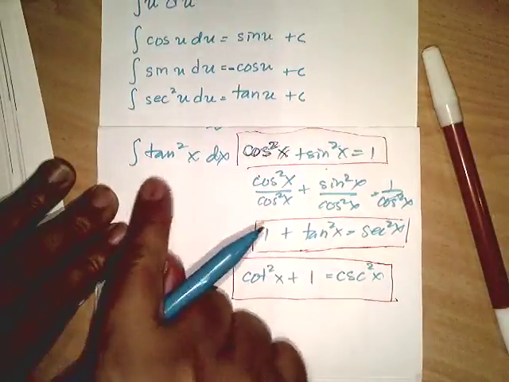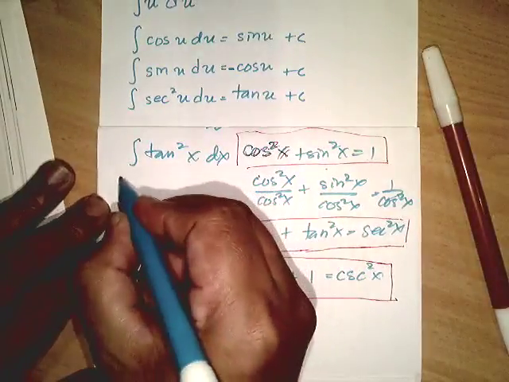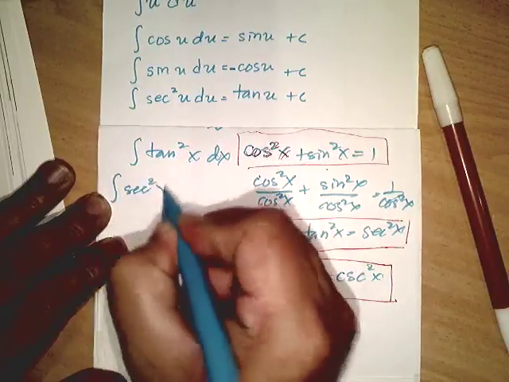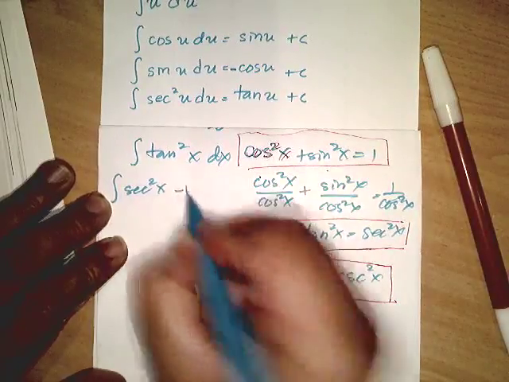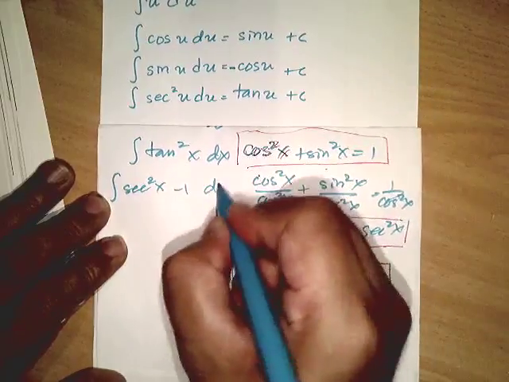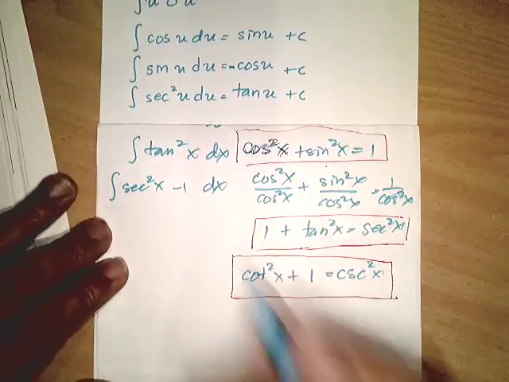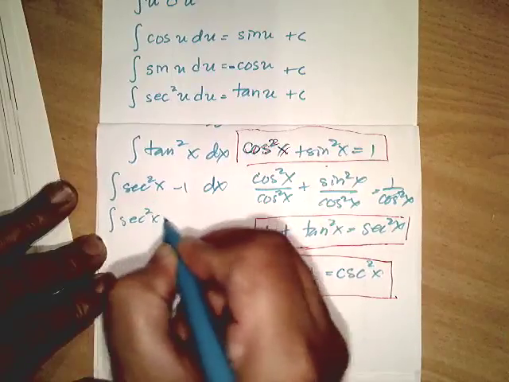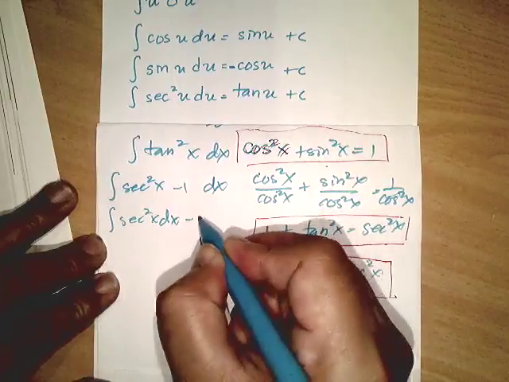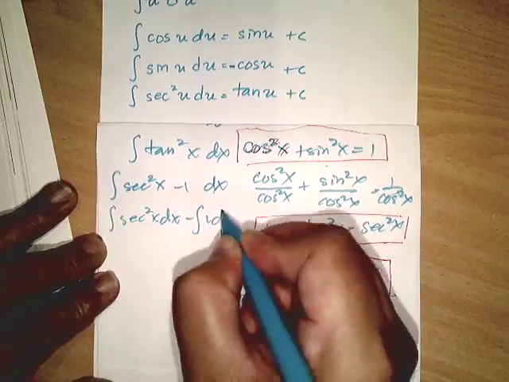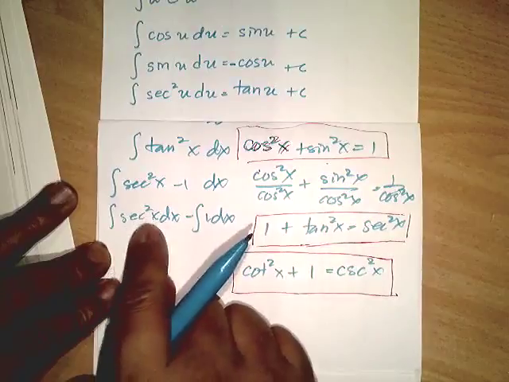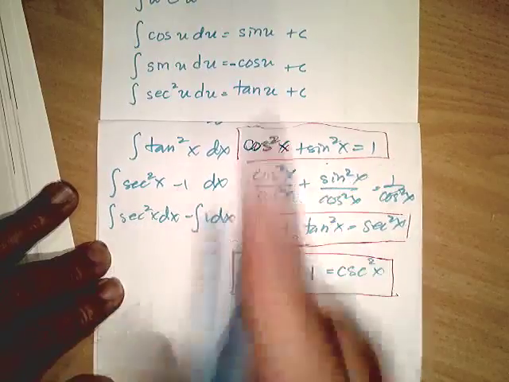So let us use the formula here. Tangent squared x, by looking at that, is equal to the integral of secant squared x minus 1. Then take the derivative with respect to x, and this is equal to the integral of secant squared x dx minus the integral of 1 dx. The integral of secant squared x dx is equal to tangent x.